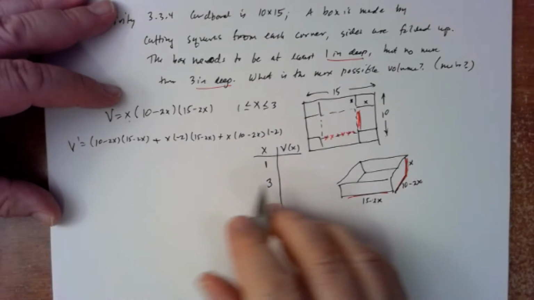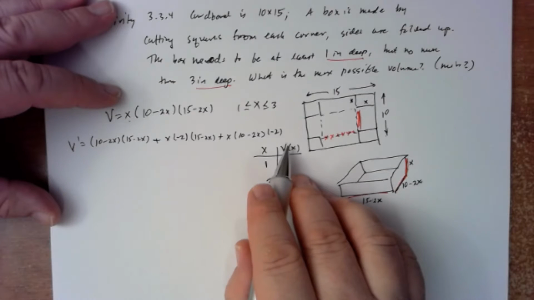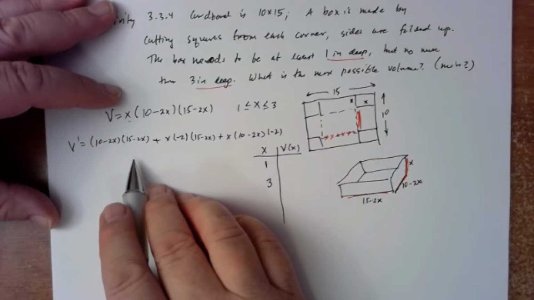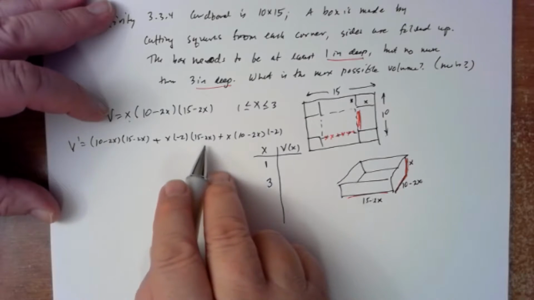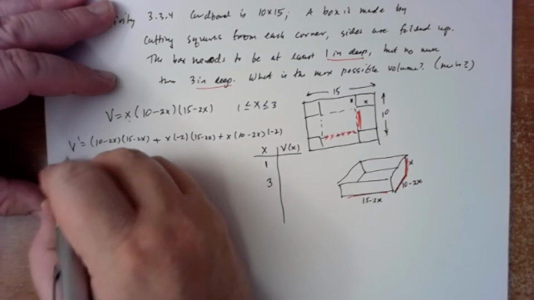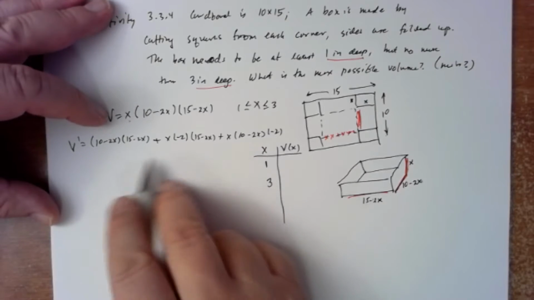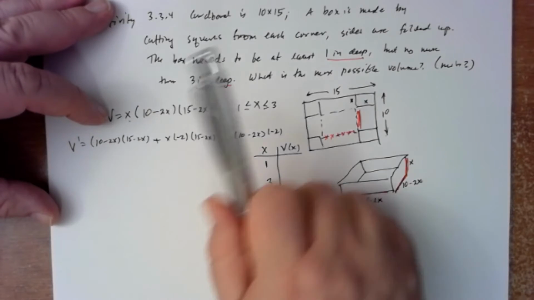Now we set all of this equal to 0 and we solve. This is going to be a quadratic, it looks like. I'm going to pause for a minute and simplify.